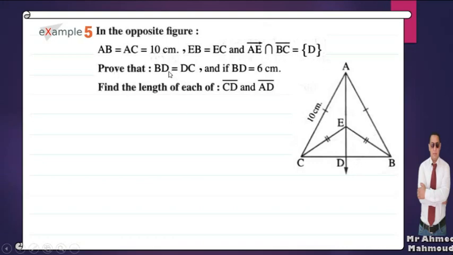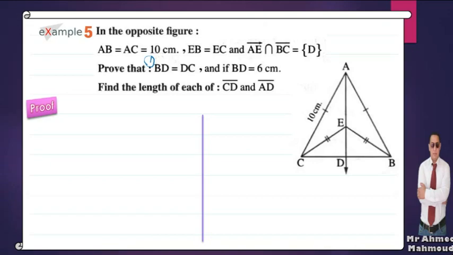Prove that BD equals DC, and if BD equals 6 centimeters, find the length of CD and AD. Now we have three requirements. The first requirement is to prove that BD equals CD.